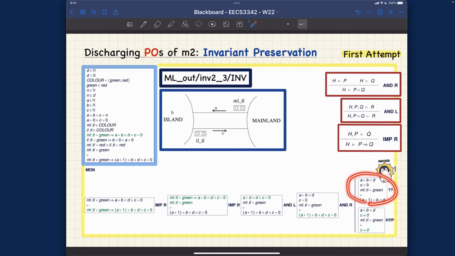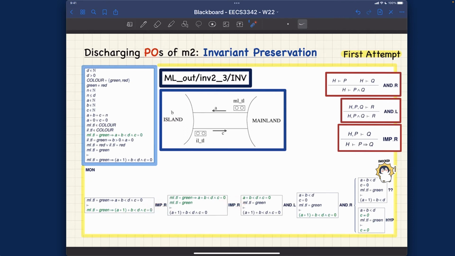It cannot be proved. We're going to do a similar deep analysis about this unprovable sequence to see what kind of hints it gave us to revise our model further. That's something we'll see. Before I get to that, I'd like to just show you the steps. We're going to apply monotonicity, implication R, and also implication R twice, right?